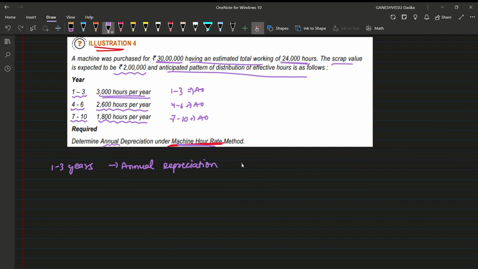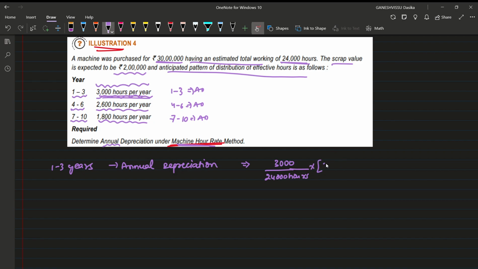What is the total number of hours? 24,000 hours are there. And what is the number of hours used per year during those 3 years? In the first year they are going to use 3,000, for the second year 3,000, for the third year 3,000. So out of 24,000 hours, for 1 to 3 years they use 3,000 hours per year, and we need to multiply with the cost of the asset minus scrap value.